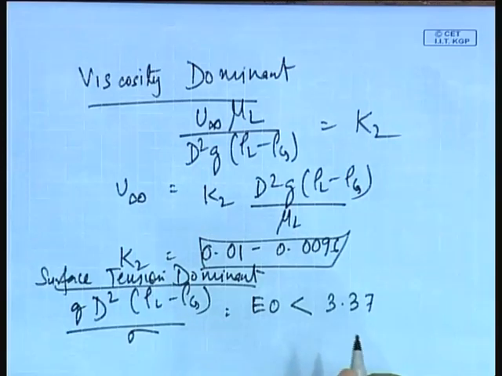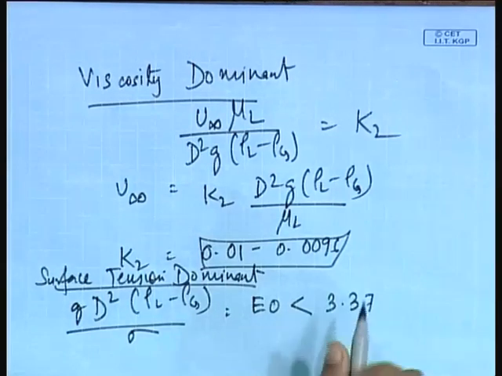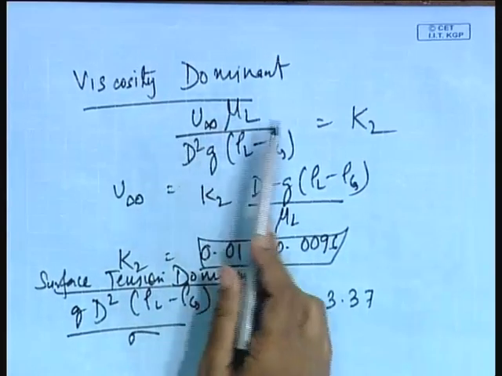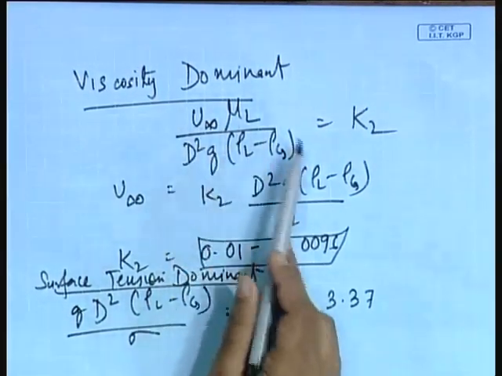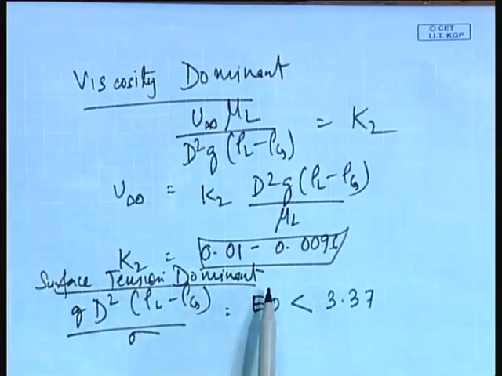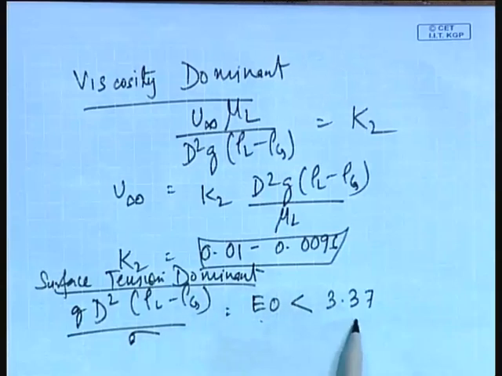Under this condition, the bubble does not rise at all. Is it clear? When inertia is dominant, the Froude number is important. When viscosity is dominant, one type of number is important, which we do not use much; instead we use the inverse viscosity number. And when surface tension is so important that the Eotvos number becomes less than 3.37, or less than 4, the bubble does not rise at all.